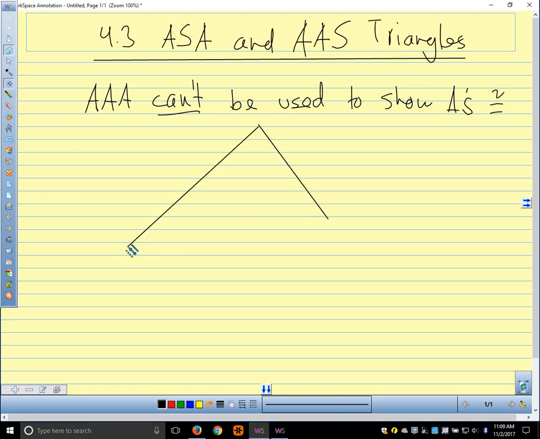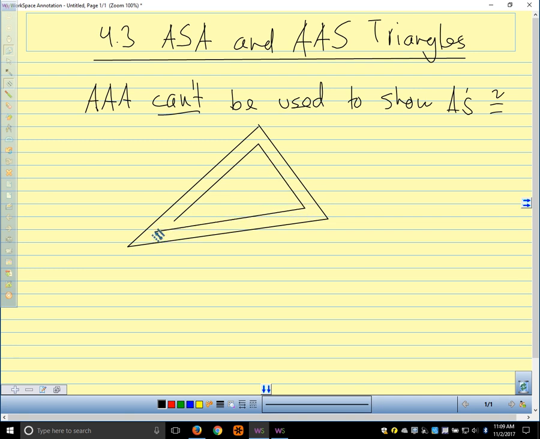There's a triangle with three particular angles, and there's another triangle with the same three angles. And those two triangles are not congruent.